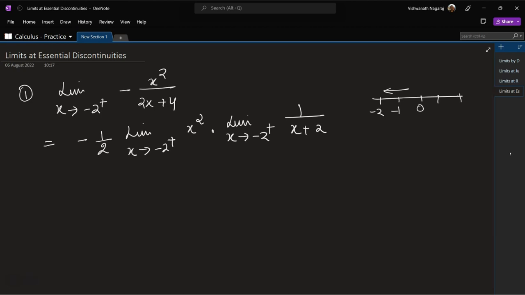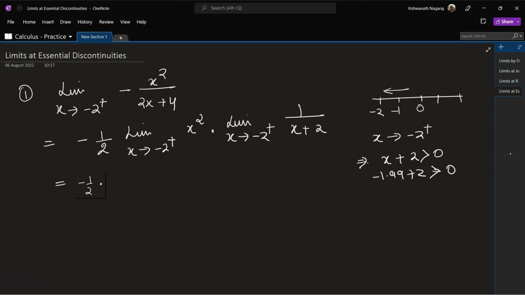So x approaches minus 2 from the positive side implies that x plus 2, that is minus 1.99 plus 2, is going to be greater than 0, right? So that means this is going to be greater than 0. So which means now in this case we can do direct substitution.